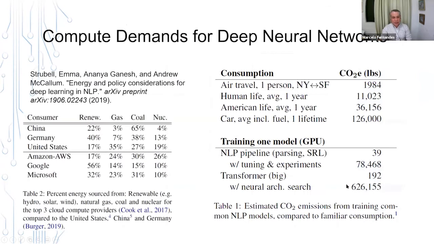This paper is so interesting because it shows how these machine learning algorithms demand power consumption. Some data centers like Amazon, Google, and Microsoft have consumption equivalent to some countries, some renewable energy countries.